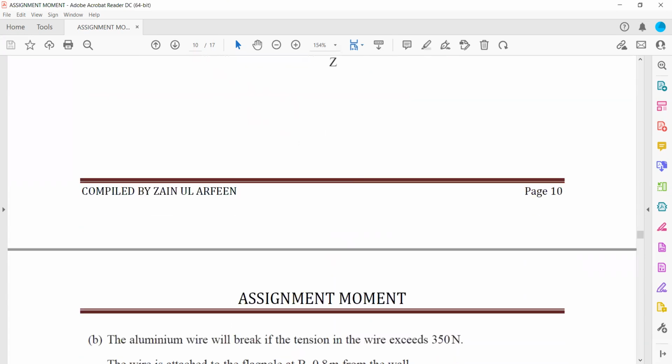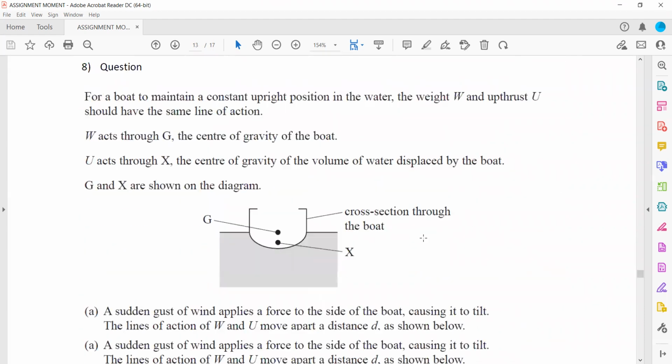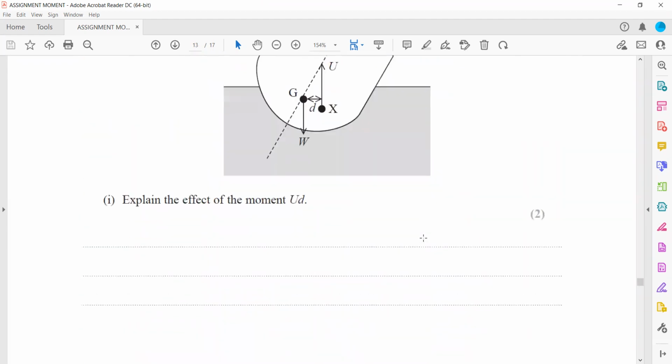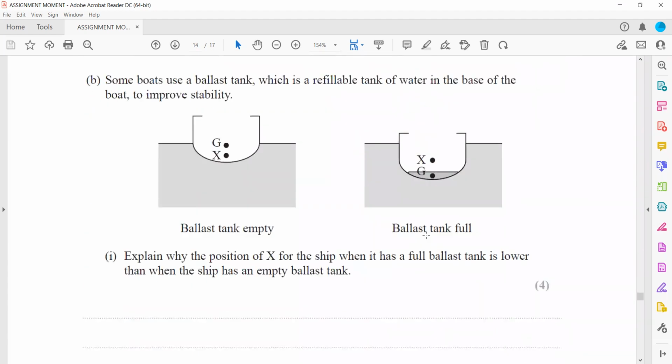And the last question is 8B, which is a doubt. It's question 7. Question 8B.